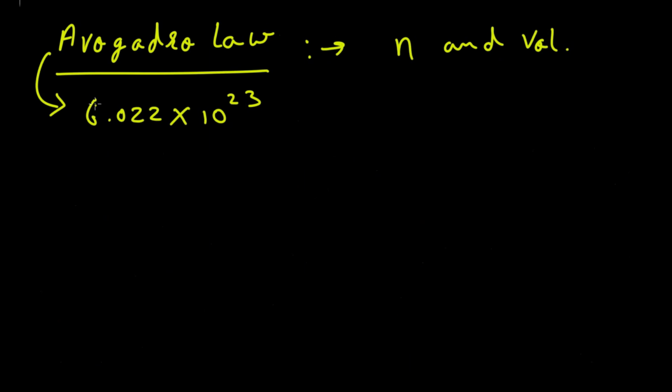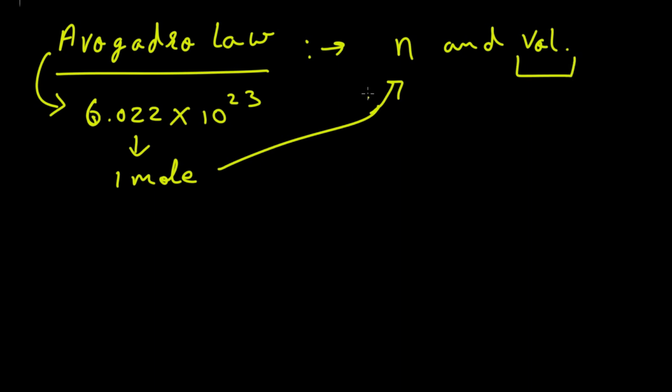This is Avogadro number. It simply represents 1 mole. Right? You all are familiar with it. Now mole is there in the relation and something else is there, volume. Number of moles simply represents the number of particles present.